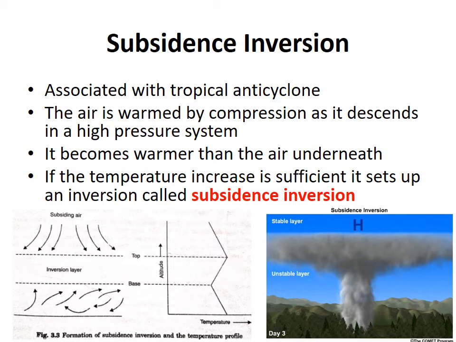So in this inversion layer, due to compression, the air becomes warmer as compared to the air beneath it. If the temperature increases sufficiently, it sets up an inversion called subsidence inversion. So here you can see that the temperature in the inversion layer is higher than the temperature at the lower layer.